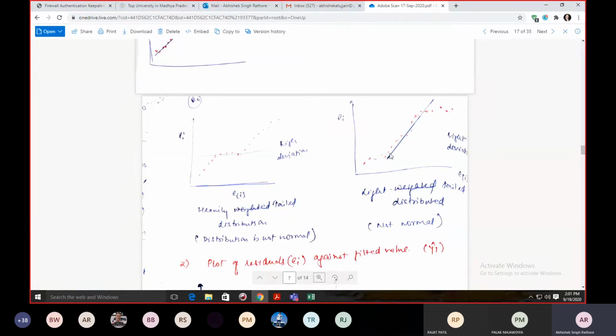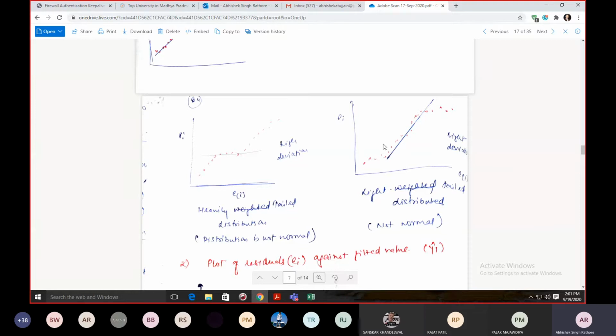Again, we can have a light tail distribution. This is a heavily tailed distribution. Even we can have a light tail distribution. So this tail again has some high deviation, and this tail again has a high deviation, but most of the data just moves around your line. So we can say that this is a light tail distribution.